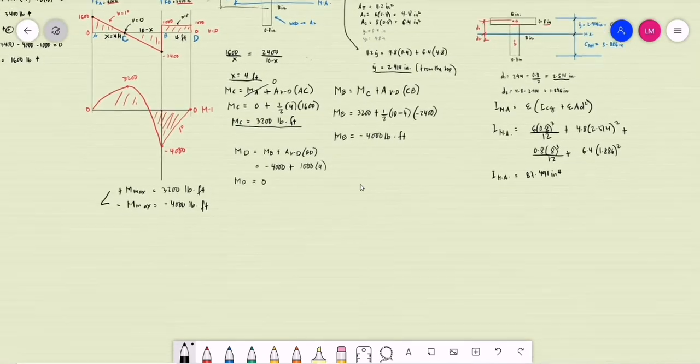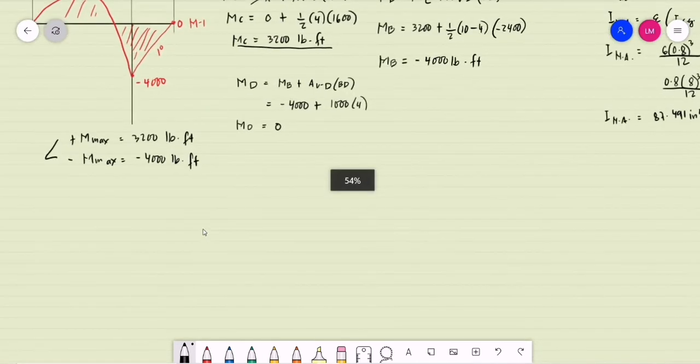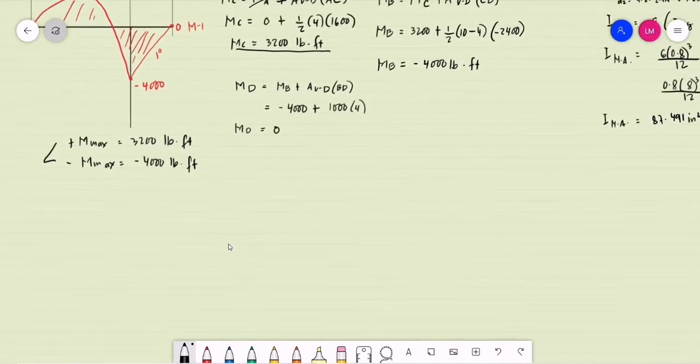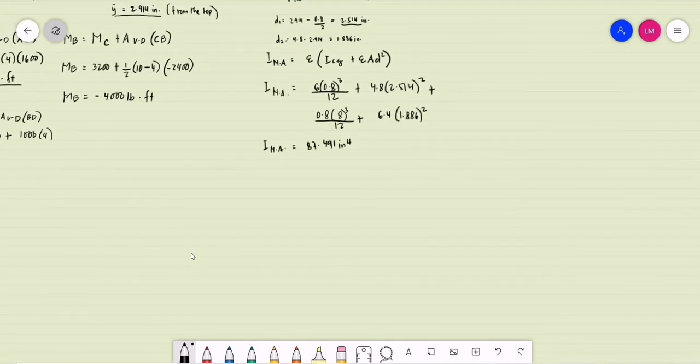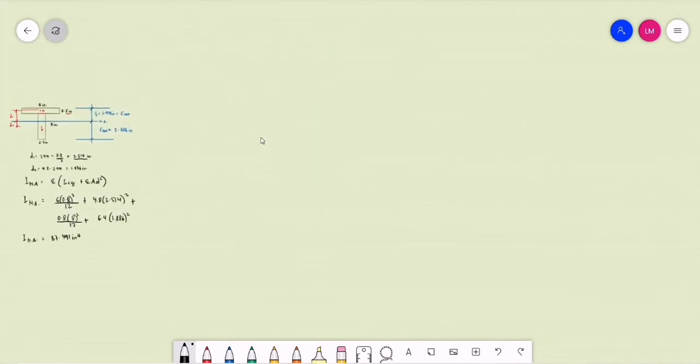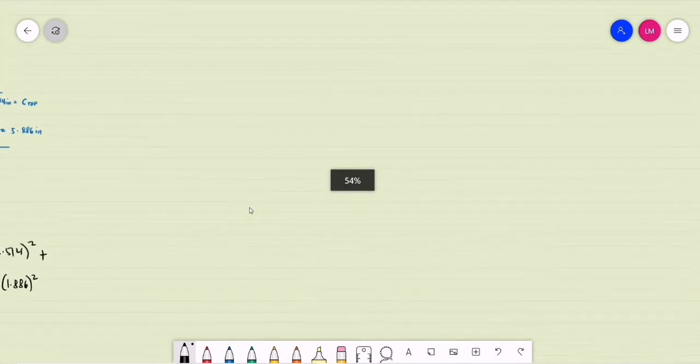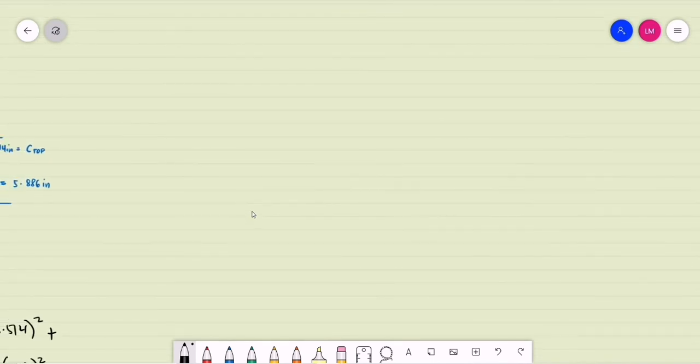Okay, so again we go back to our maximum moments. So we have the maximum positive moment and the maximum negative moment. Let us first consider our maximum positive moment. The maximum positive moment, Mmax, is equal to positive 3,200 pound-feet. What is the behavior of a beam under a positive moment?